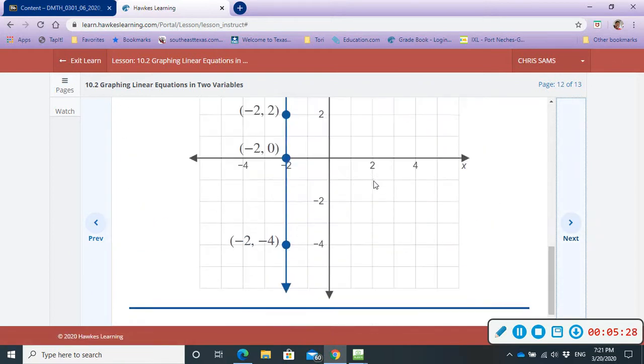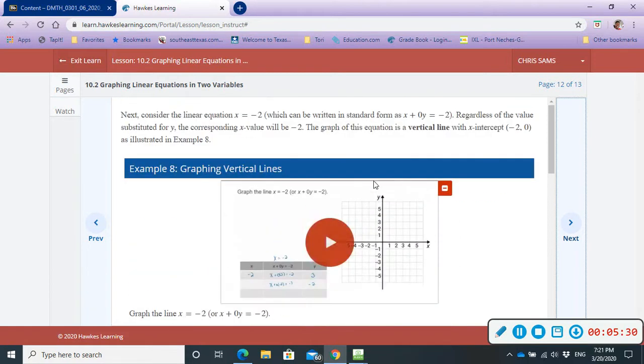Similarly, we have a vertical line, so that will be x equals some number. They show you the standard form. This time, the b was 0. You end up with the vertical line x equals negative 2 because it crosses the x-axis only at negative 2.